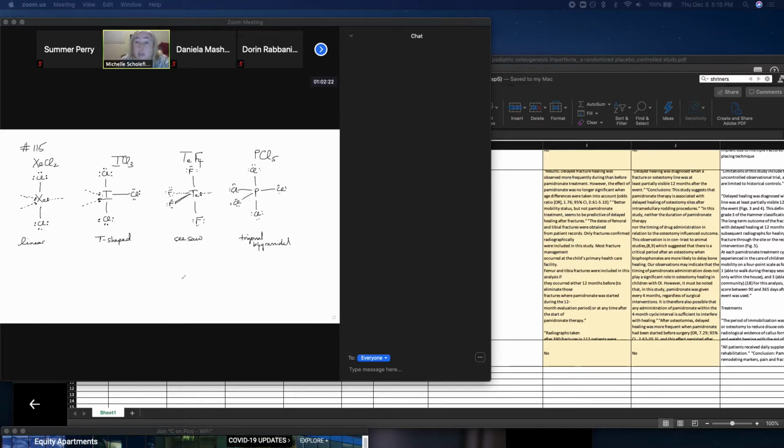We have axial, out of plane bonds. This one and this one are the axial, out of plane positions. And the other bonds are the in plane, sometimes called equatorial positions. These are 120 degrees apart.